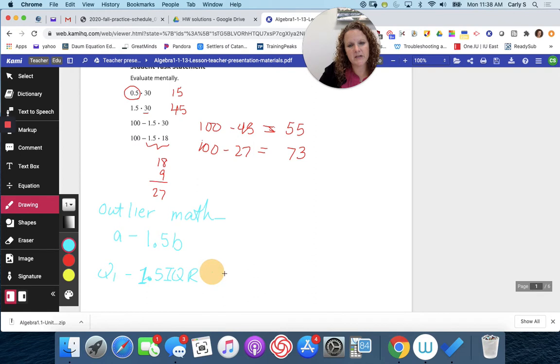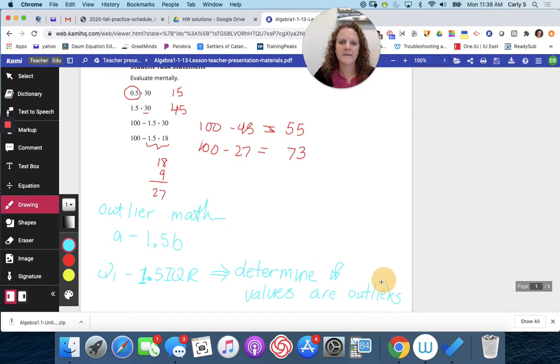And that is going to determine if values are outliers. So Q1 minus 1.5 times the IQR is going to help us determine if values are outliers. And that will make better sense here in a little bit, okay?